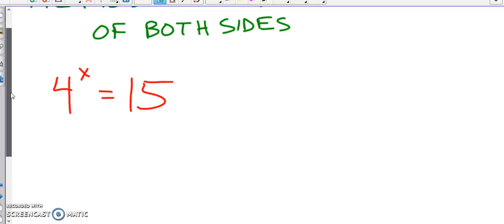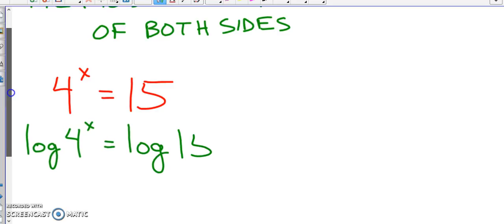So it doesn't really matter which one I use. I take the log of both sides. Now, why would that be advantageous?